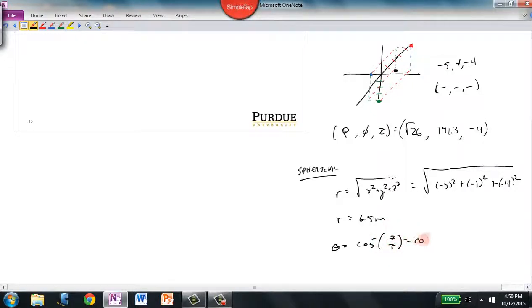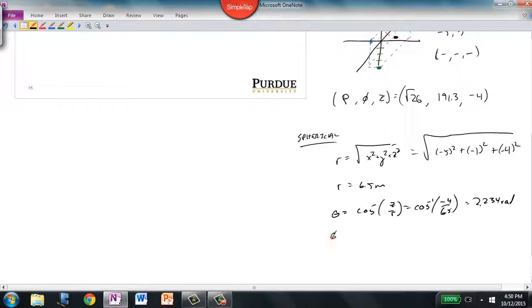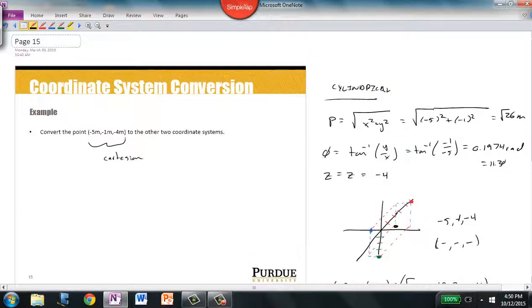So that's cosine inverse of -4 over 6.5. And that's equal to 2.234 radians. And phi is equal to inverse tangent of y over x, which is equal to 3.39 radians. So that's an example of conversion from Cartesian to the other two coordinate systems.